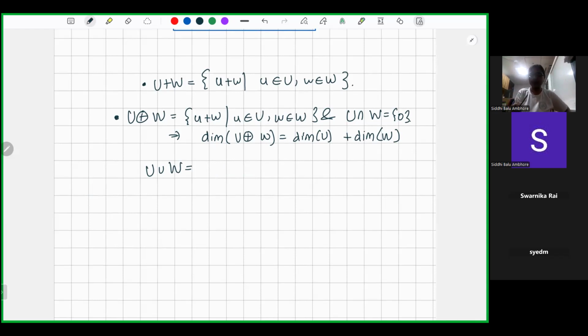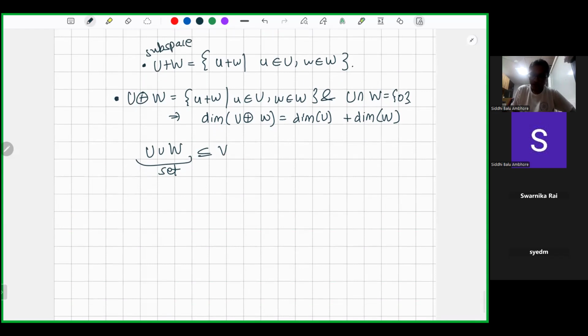This does not really make sense as a subspace; this is just a set contained in V, but this is a subspace. And we know that U plus W is the subspace generated by this U union W.